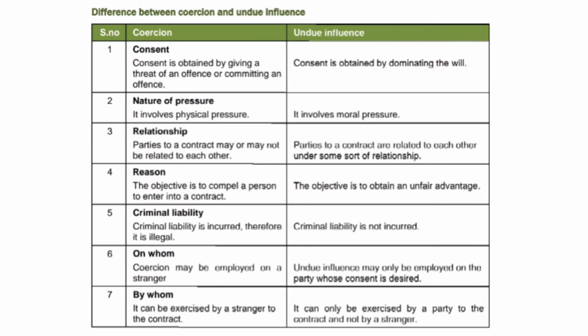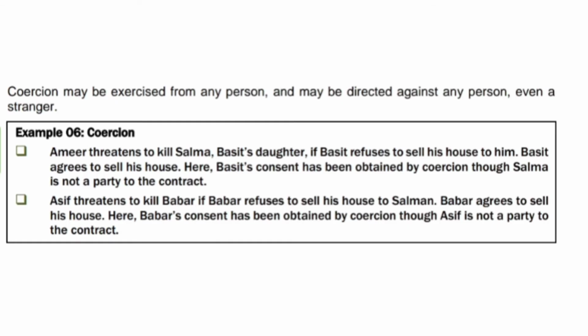So let me give you an example to explain what I mean when I say that coercion may be employed even on a stranger, somebody who is not necessarily a party to the contract. As always, looking at an example is going to make it much easier to understand. So in the first example, there is a person named Amir who threatens to kill Saima, who is Basit's daughter, if Basit refuses to sell his house to him.